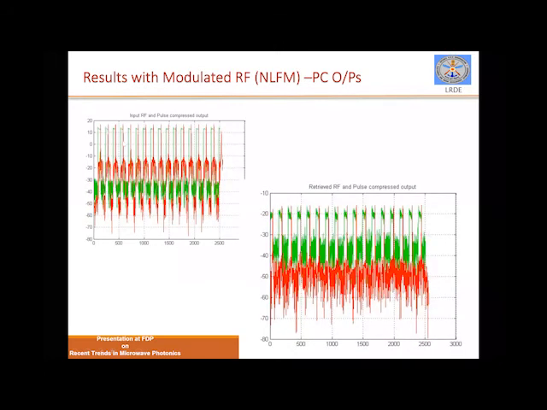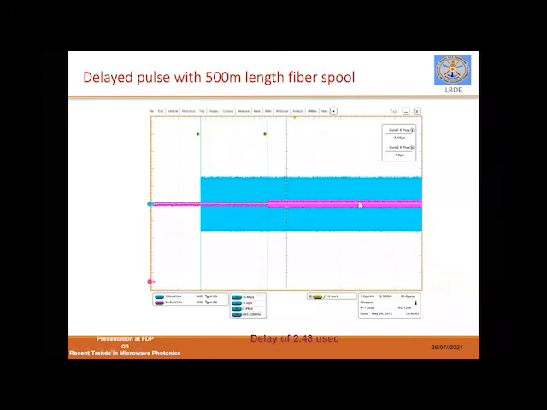This output I had put in the generic slide, where the green shows the number of pulses and red shows the pulse compressed output. You can see that both input and output retrieved RF are almost the same, with no distortion. Then another experiment we have done is with different lengths of fiber spool.